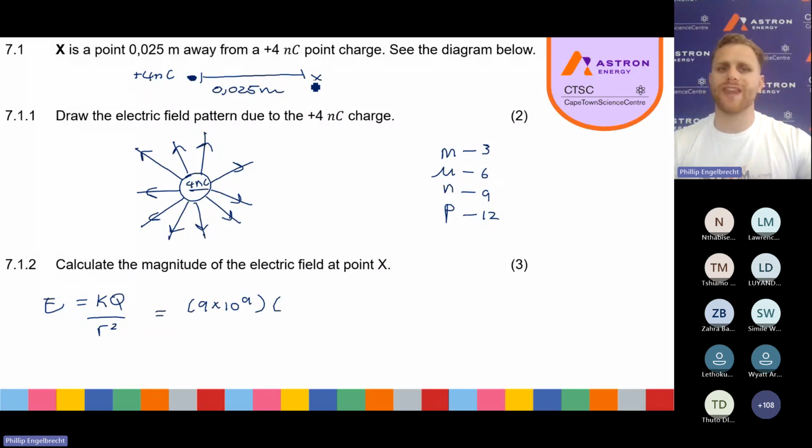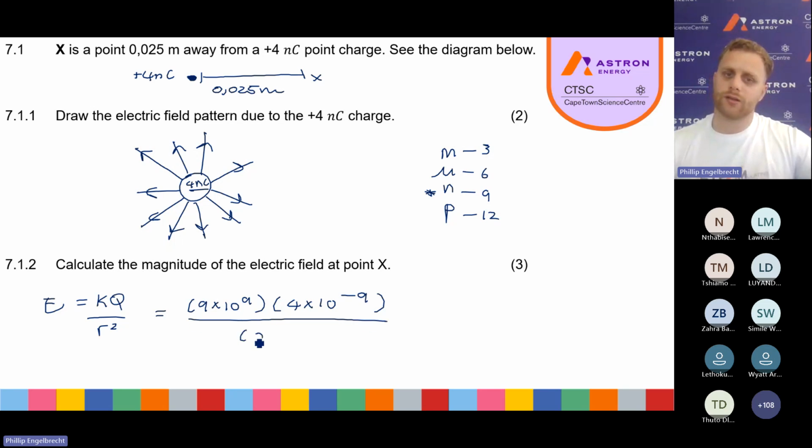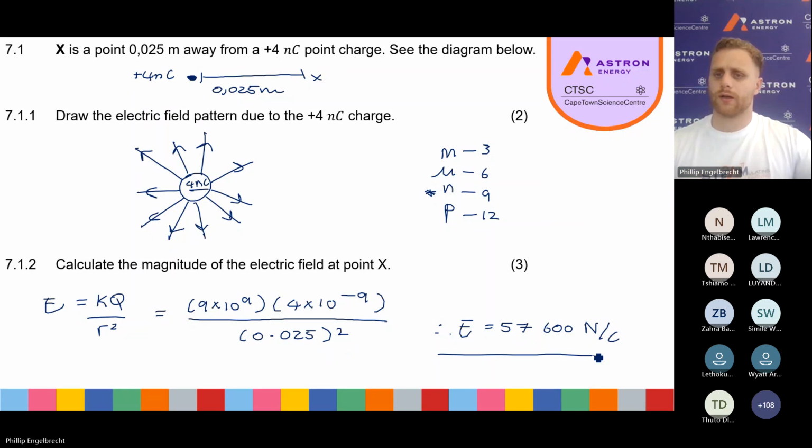I am dealing with nanocoulombs, so this is over here, the N. So that becomes 4 times 10 to the power of negative 9 divided by my distance, which was 0.025 squared. You type this on your calculator and you get that your electric field becomes 5,700 or 57,600 newtons per coulomb. Okay? Does that make sense?